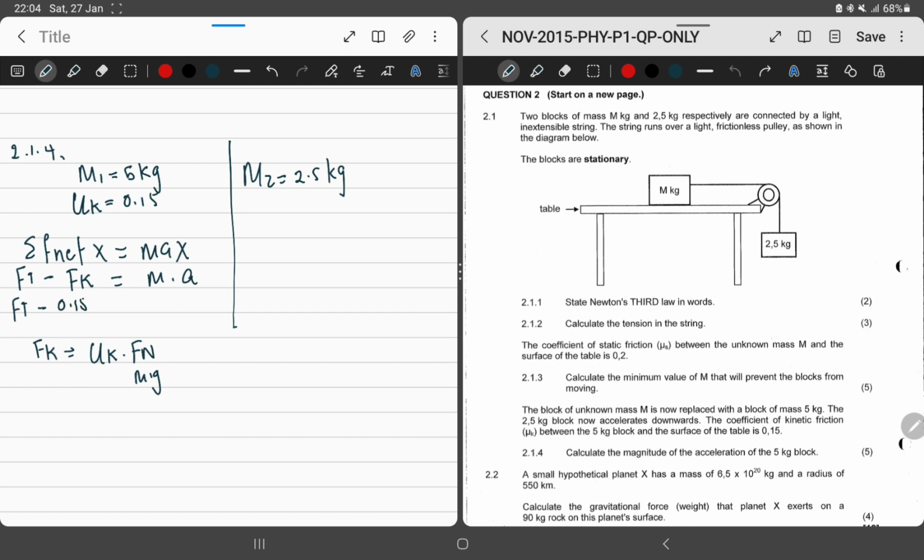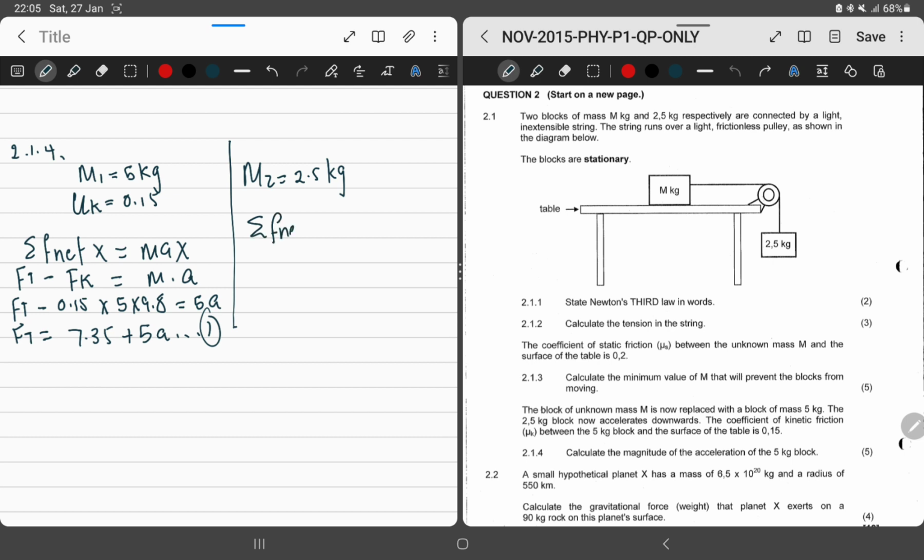This is 0.15 multiplied by 5 multiplied by 9.8, which is equal to 5a. So force of tension is equal to 0.15 multiplied by 5 multiplied by 9.8, which is 7.35 plus 5a. This is equation 1.